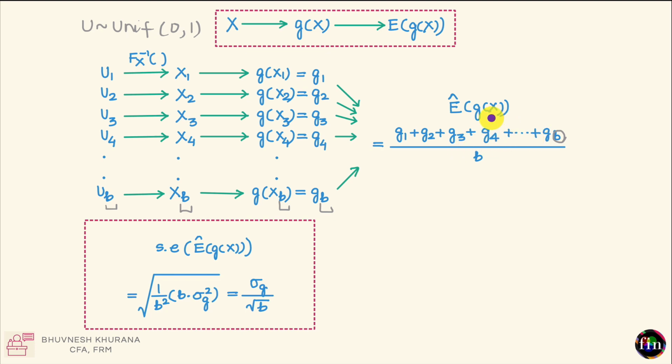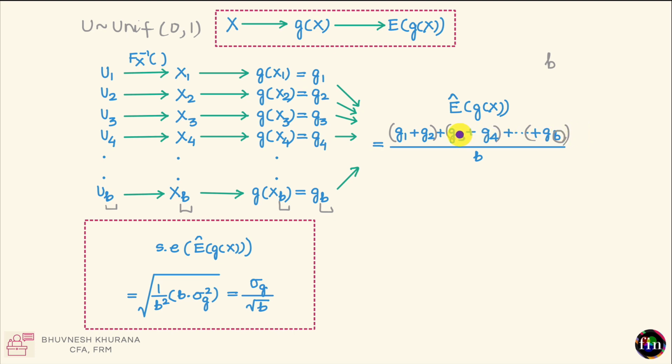So instead of treating these g's as b independent replications of g of x, first of all we pair values of g together like this. We take g1 and g2 to be a pair, g3 and g4 to be a pair, and lastly gb minus 1 and gb to be a pair.